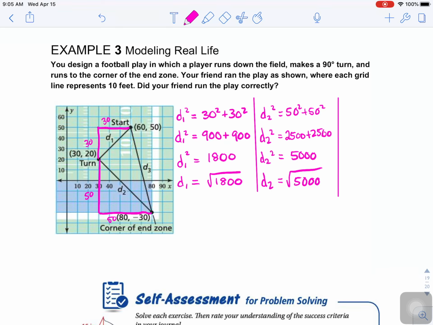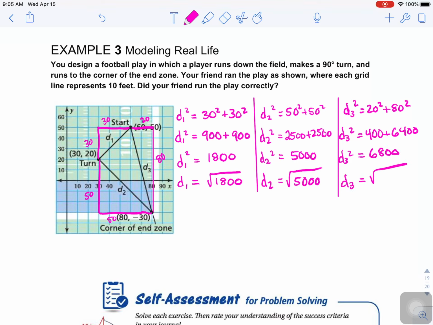Alright, and then D3, D3 we can see is a 20 by 80. Alright, 20 squared is 400, 80 squared is 6,400. That would add to 6,800. So D3 is the square root of 6,800.